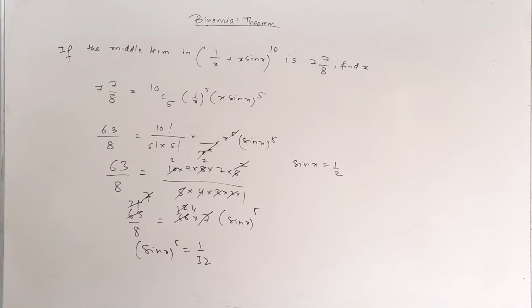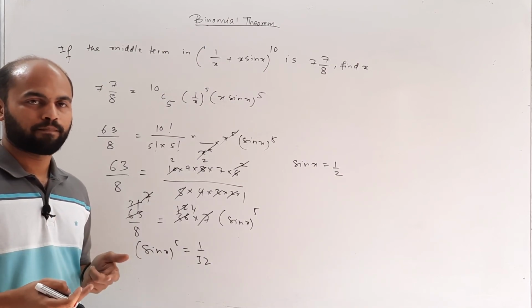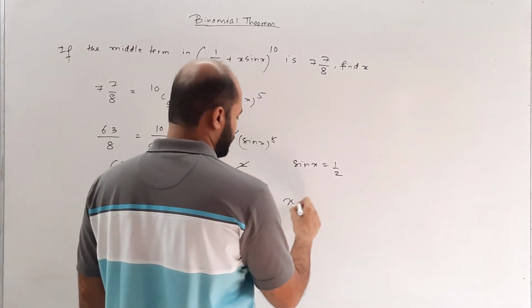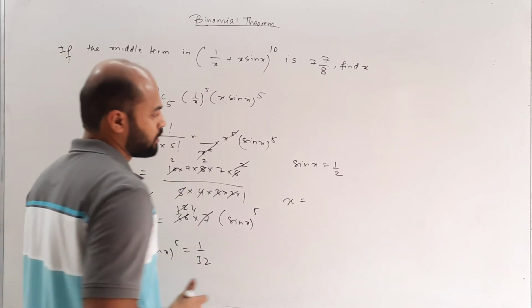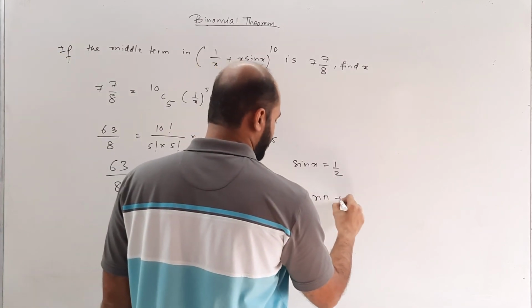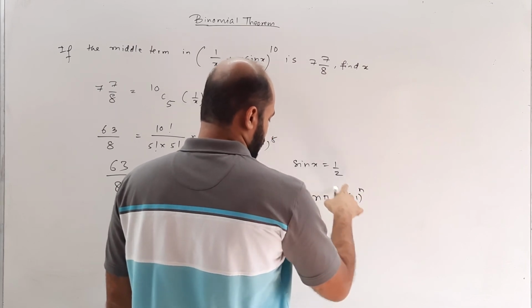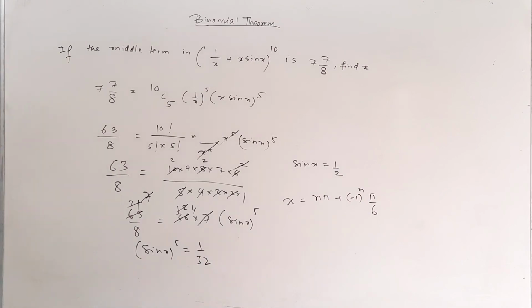So the answer can be 30, 150, and the cycle goes on. So with every 2 pi, the angles will change, and as told earlier in the discussions of trigonometry, the general solution for x is going to be n pi plus minus 1 raised to n into alpha, that's going to be pi by 6. That is the answer of this question.